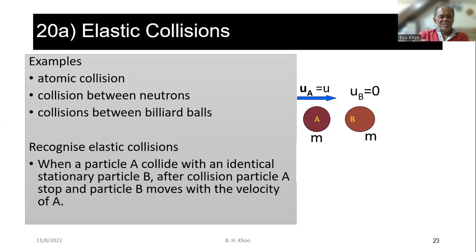Recognize elastic collision of body A with an identical stationary body B. Right? Identical means they have the same mass. This is stationary. This moves with UA, U. Right? After collision, this one stops. This one moves with the velocity U. Right? Basically, they interchange kinetic energy.